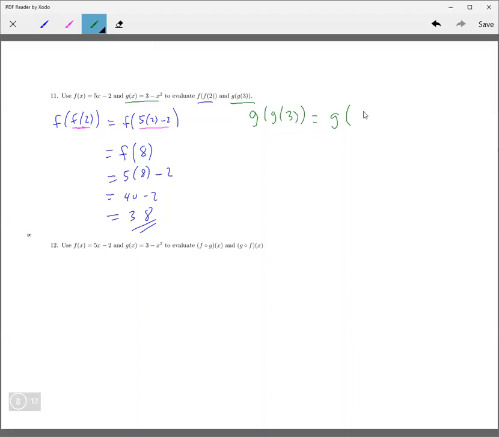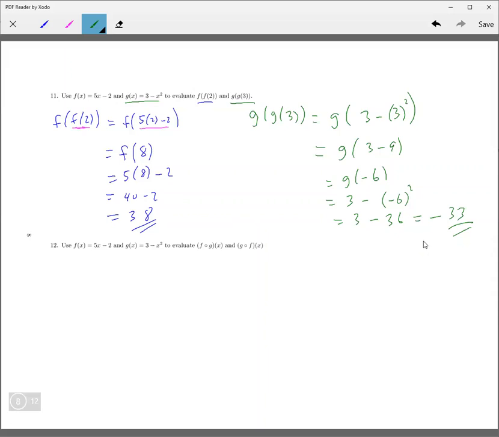Plug a 3 into here. That's 3 minus 9. So g of -6, plug a -6 into there. That's -33.